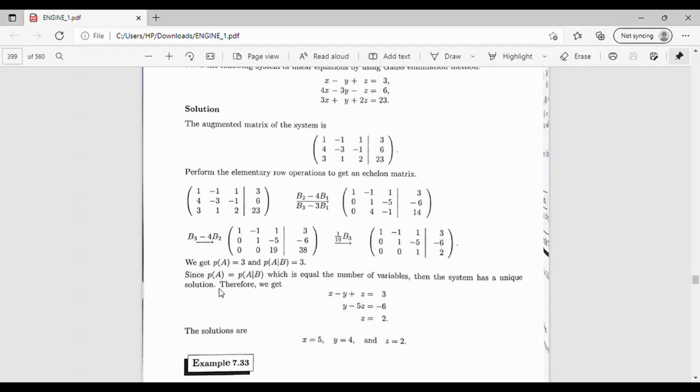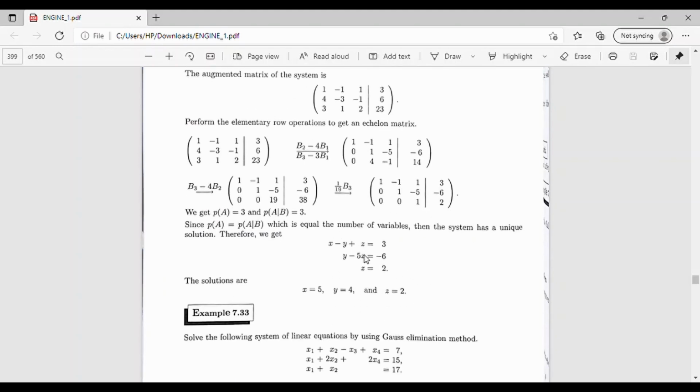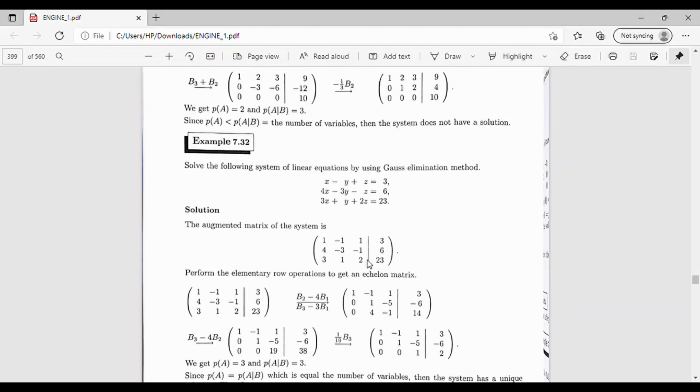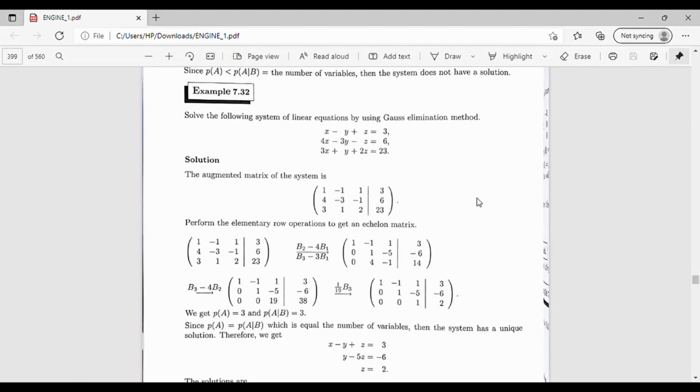Therefore we convert it to the unknown number system shape, which is x minus y plus z equal to 3, y minus 5z equal to negative 6, and z equal to 2. We just use the calculator in simultaneous mode, so we get this answer: x equal to 5, y equal to 4, and z equal to 2. So that's all for the example of the unique solution.